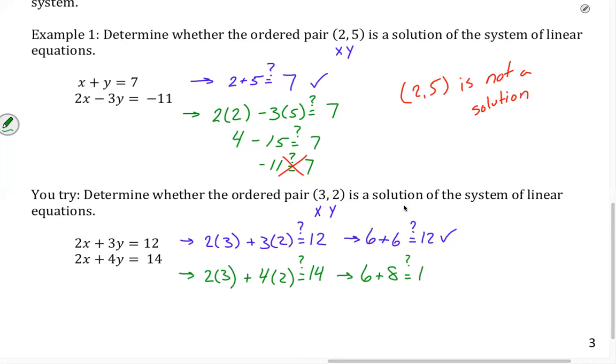And I think we can see from here that 6 plus 8 equals 14. So my answer would be 3, 2 is a solution. In order for a point to be a solution, it has to work in both equations. If it doesn't work in one, then it's not a solution.